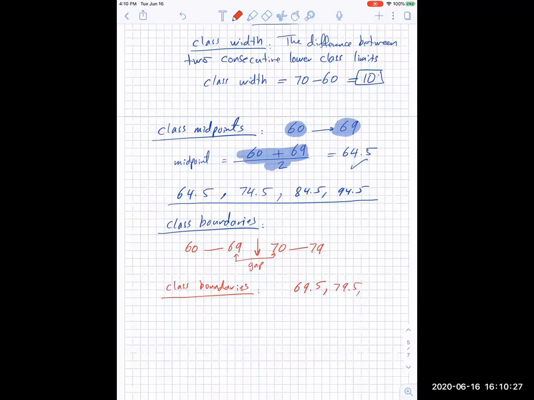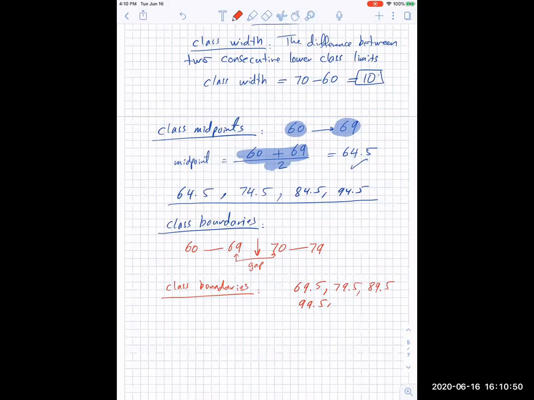The next one, 89.5, and then the next one, 99.5. These are the numbers exactly halfway between the classes, not inside the classes.